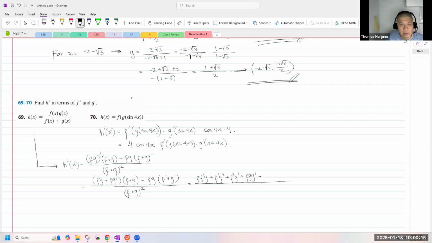The top right will be f prime g minus f g prime over f plus g squared. Now I think I can do canceling. This guy cancels with this guy, cancels with this. So we get f prime g squared plus f squared g prime over f plus g squared.